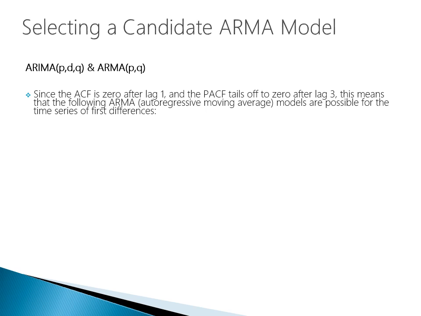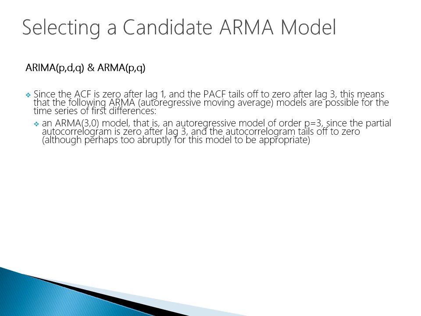Well, since the ACF is 0 after lag 1, and the PACF tails off to 0 after lag 3, this means that the following ARIMA models are possible for the time series of first differences. We can have more than one candidate model in this example, and we're going to find that we have 3. We can use an ARIMA 3,0,0 model, which is an autoregressive model of order p equals 3, since the partial correlogram is 0 after lag 3, and the correlogram tails off to 0, although perhaps too abruptly for this model to be appropriate.